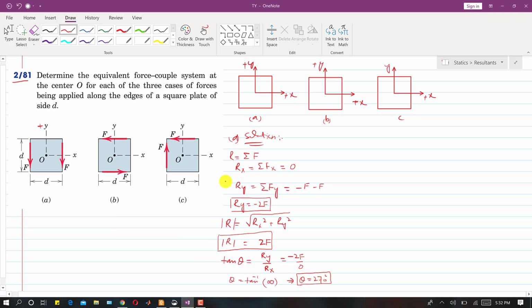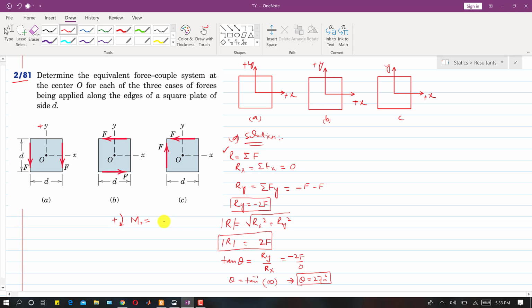Now we have applied this equation, and the second equation is to apply the moment, so we need to find the moment about O. The moment about O will be equal to the moment produced by this force and the moment produced by this force. As we can see, this force is producing clockwise moment and this force is producing anti-clockwise moment. Let's assume that the clockwise moment is positive.